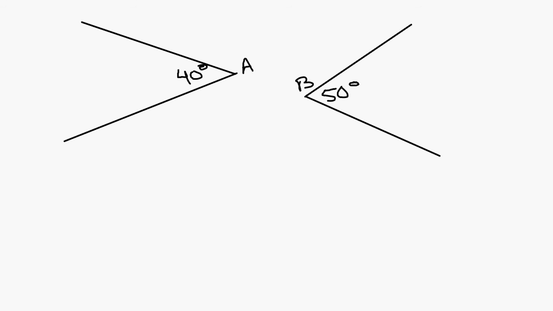Yes. They don't have to be adjacent. They don't have to share any sides or vertices. They just need to sum 90. Good? Questions? All right, that's all we're going to cover for today.